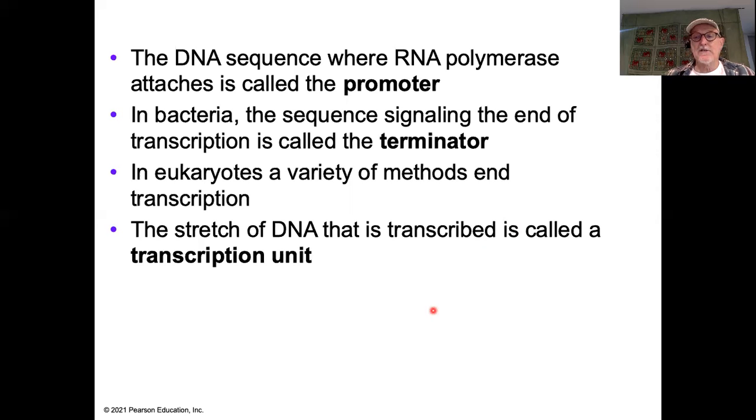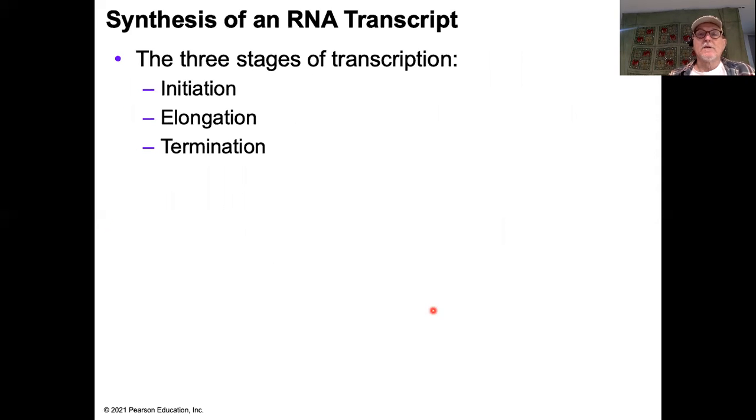The whole area that is transcribed is called a transcription unit, but realize that it may have additional messenger RNA on either side of the useful RNA that is going to be translated later on. So there are three stages: initiation, then elongation, and finally termination.